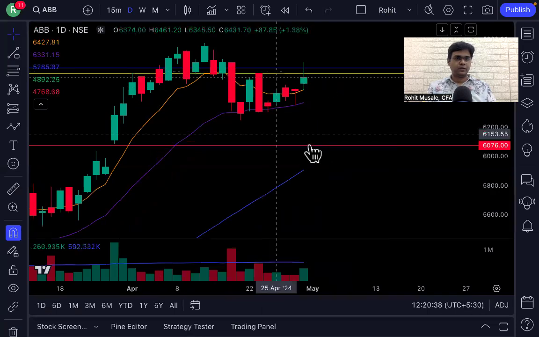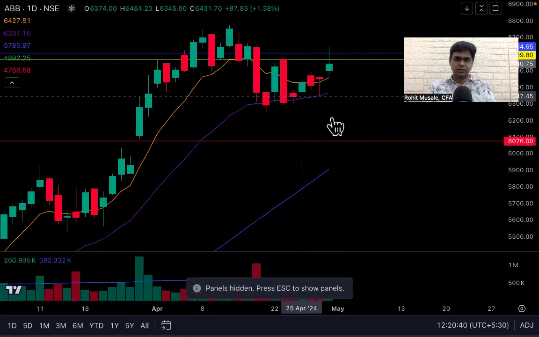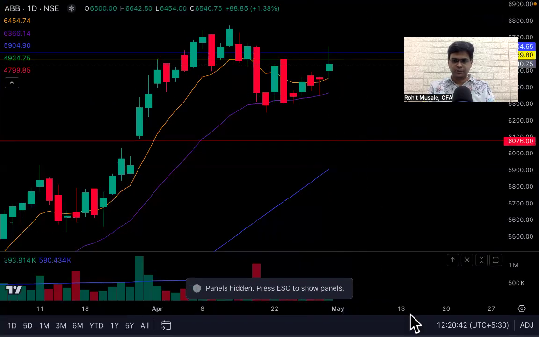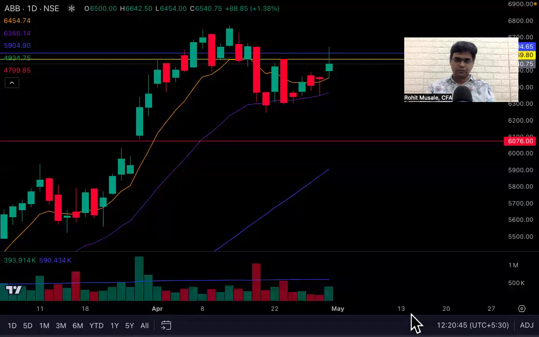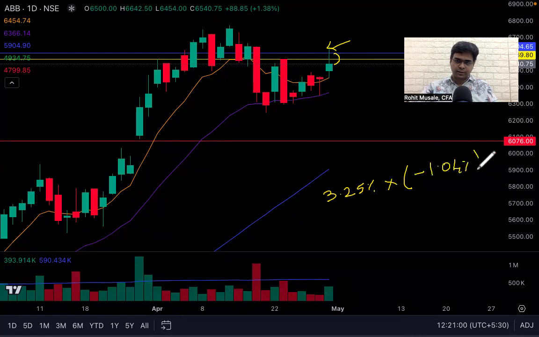1.04%. So let us do some calculations because this calculation is very important. If I look at this, I took a 3.25% position size here, and from here till here, my loss is 1.04%.